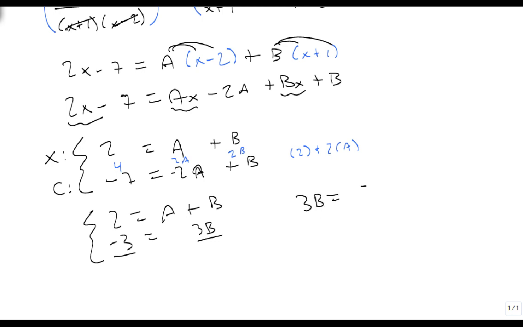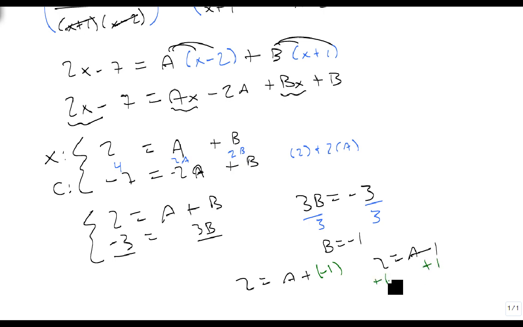If 3B equals -3, then we divide by 3, and B equals -1. Go back to our first equation, 2 equals A plus B, so 2 equals A - 1. Add 1 to both sides, and A equals 3.